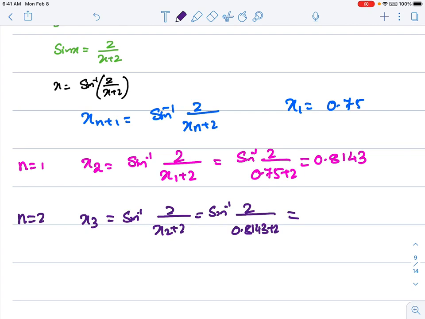So go back into the calculator, 0.8143 plus 2, and it becomes 0.7904.